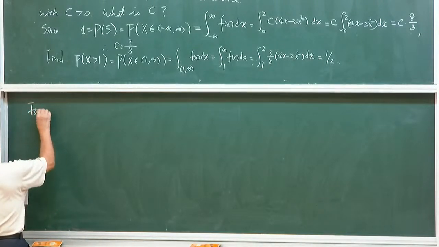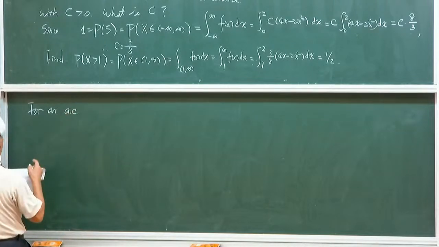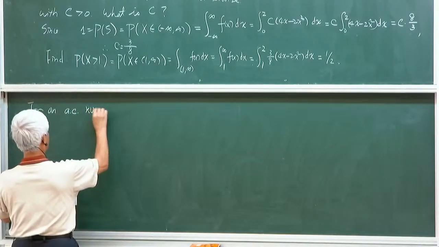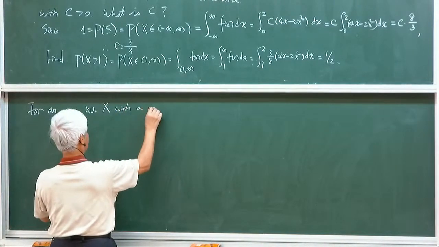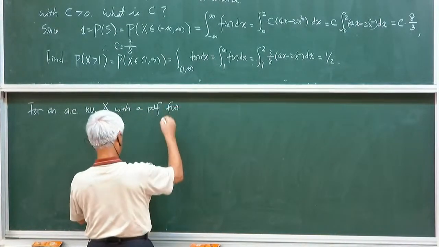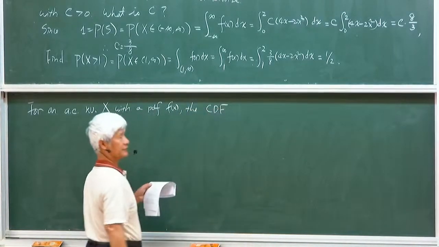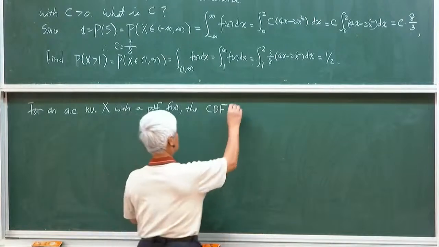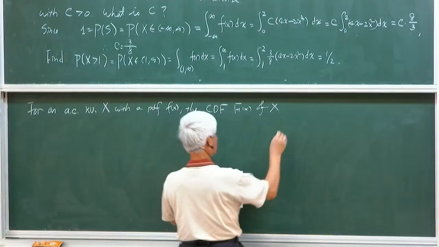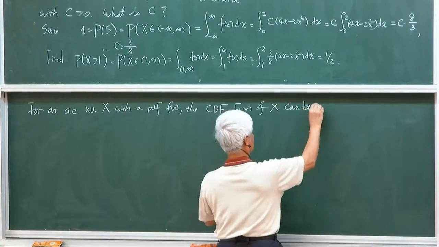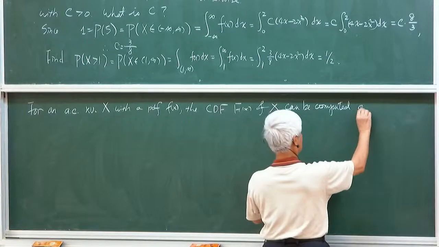So as we know, for an absolutely continuous (AC) random variable X with a PDF, f of X, the CDF, the cumulative distribution function, F of X, can be computed as here.